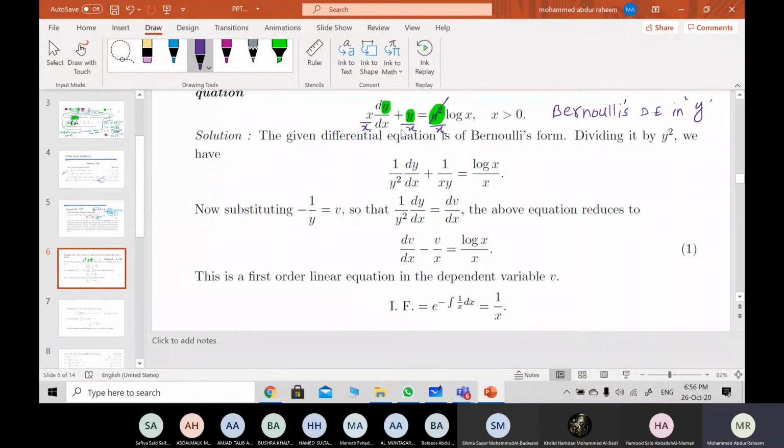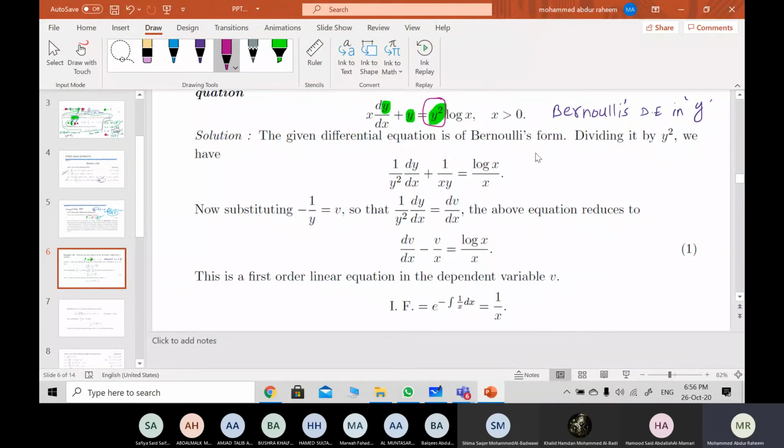If it is linear, but it is not linear now. Not linear now. But what? We will move it to the other side. For the procedure of Bernoulli, what we will do first is divide with this. Divide with this.